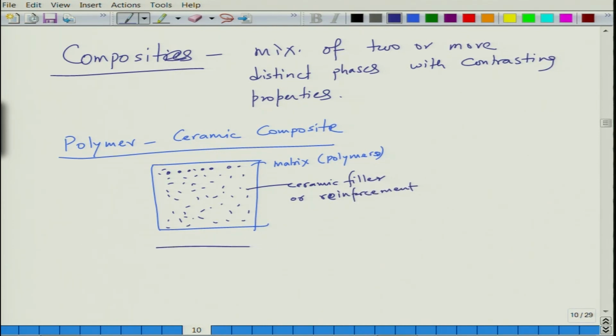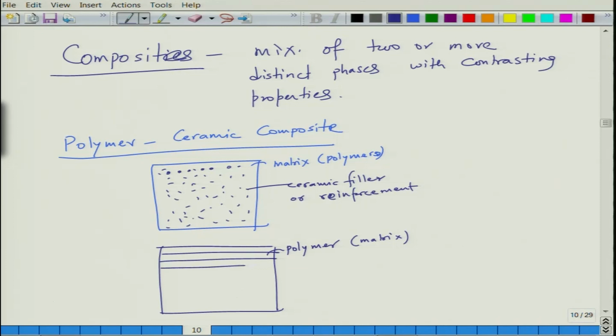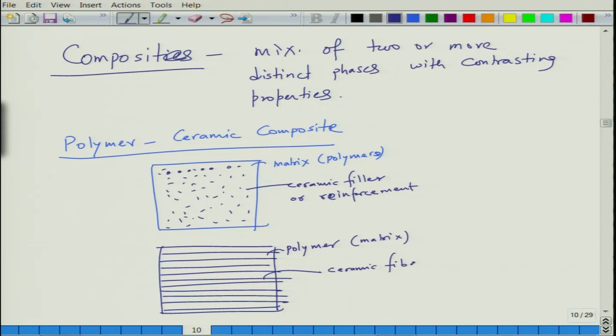You can also have another design strategy where you have polymer as a base or matrix, and ceramics can be loaded in the form of fibers in a very well defined orientation. So, these are ceramic fibers.